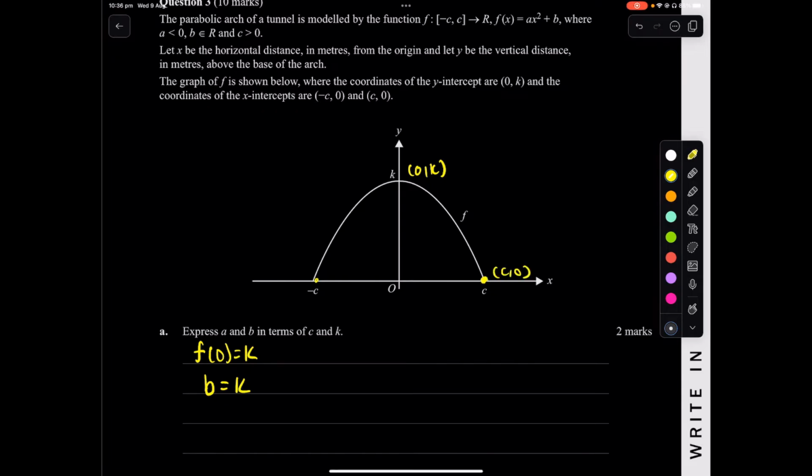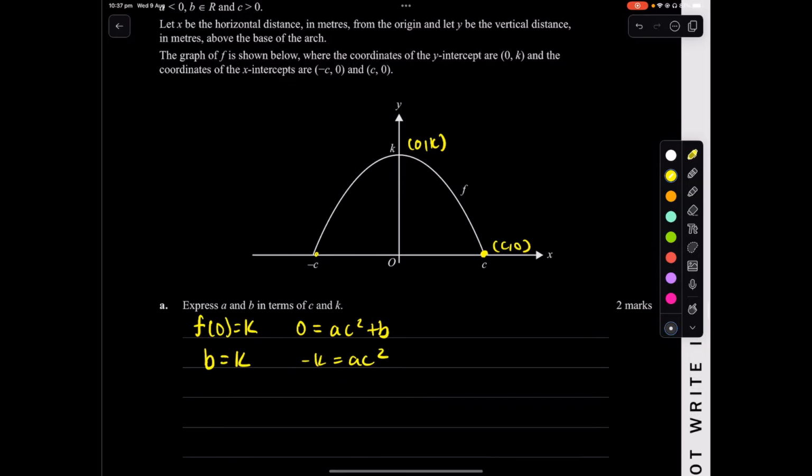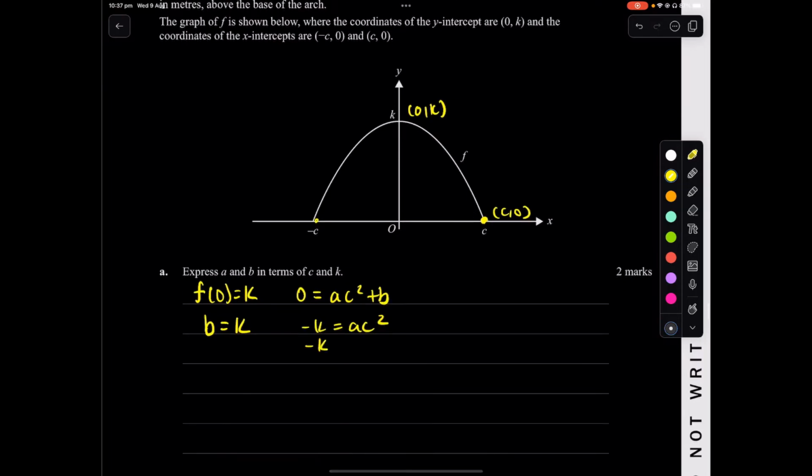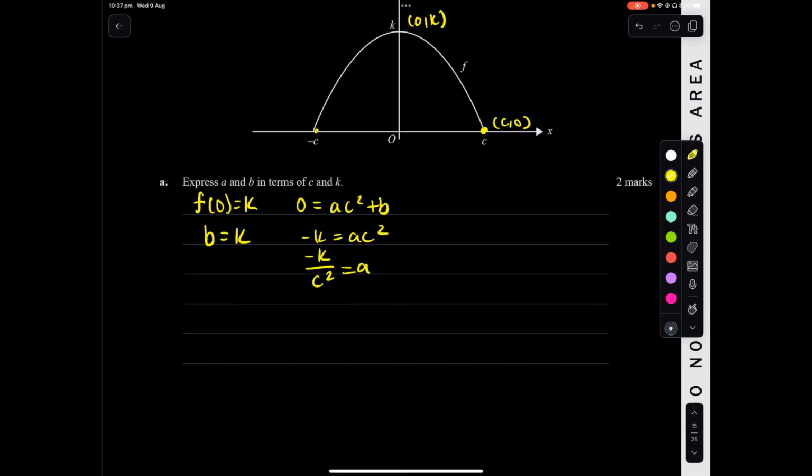So if we sub that in, we're saying 0 equals a c squared plus b. We know b is k, so negative k equals a c squared. So negative k over c squared equals a. So these are your both answers. So a equals negative k over c squared, and b is equal to k.